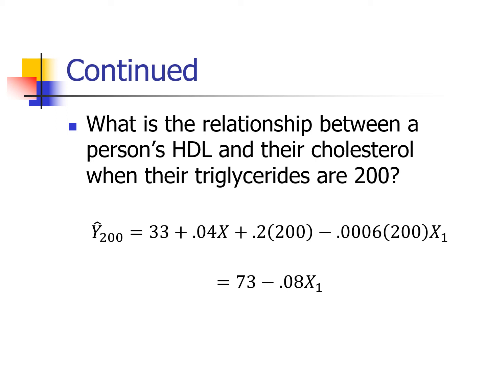So we can see that the slope has changed from the previous slide. Which is showcasing the fact that slope does in fact depend upon X2. It does in fact depend, in this example, upon that patient's triglycerides.